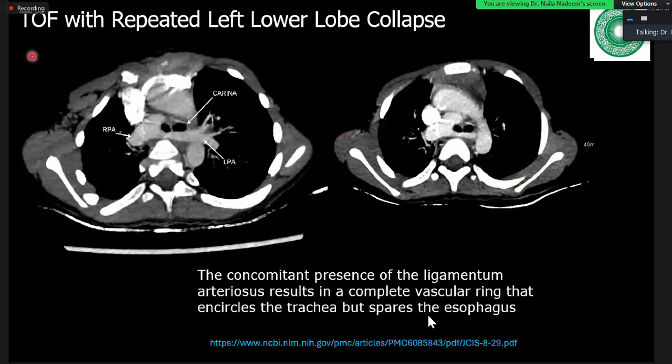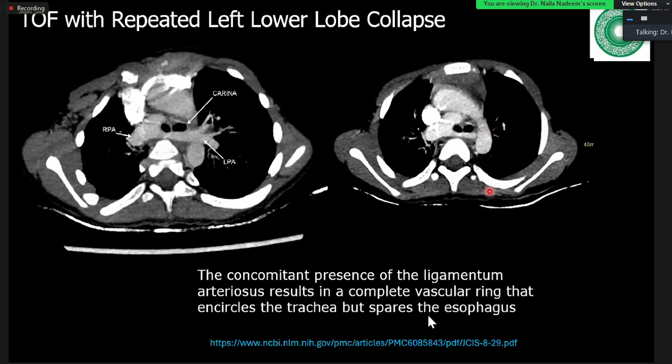Another patient with cyanosis, known TOF, had repeated left lower lobe collapse, and they wanted to know the cause of it. And one of the very rare cases, I think I've only reported so far 2 or 3 cases, pulmonary sling, the left pulmonary artery coming out of the right, crossing the midline between the esophagus and the trachea, and then supplying the left lung.